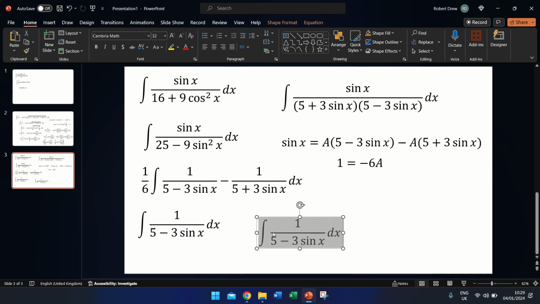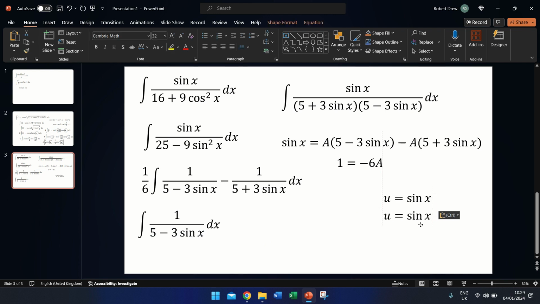Let's think about a substitution, because why not? I don't think it's going to work. It usually doesn't in cases like this, but let's just think about it. So du is cos x dx. So you'd end up with 1 over, and then this cos of x is going to be annoying, right? Because this is the problem with doing this kind of thing. You end up with a 1 over cos of x.